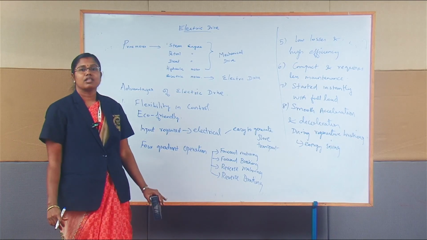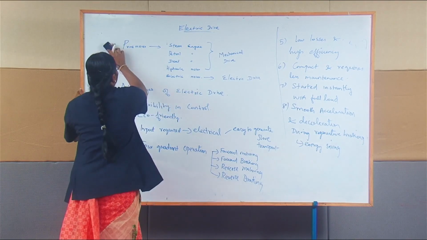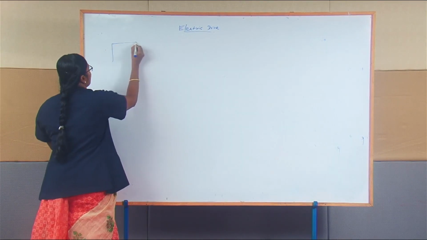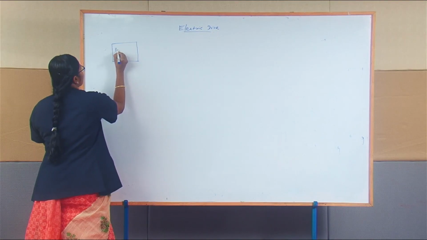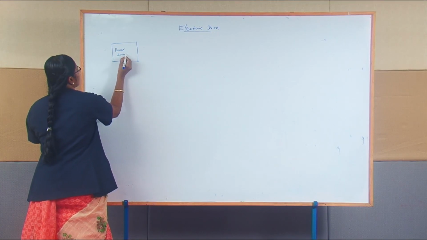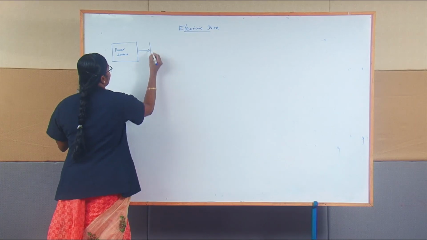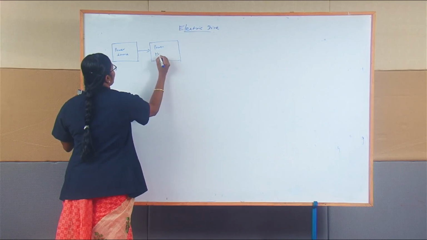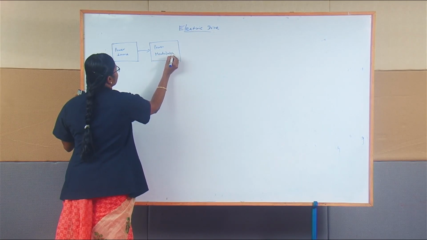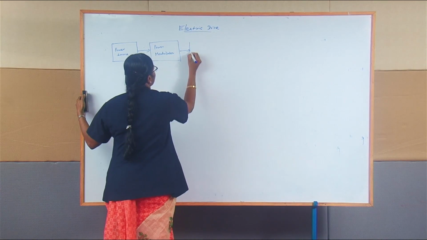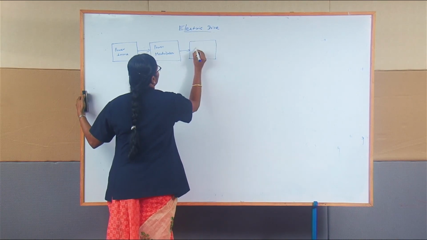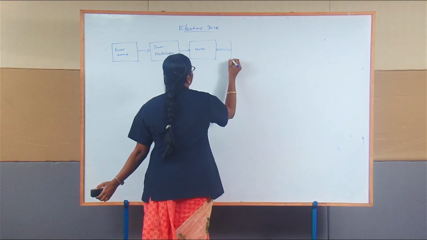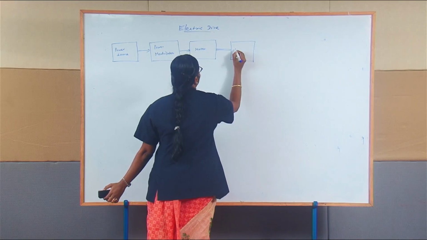Next, we can see the basic block diagram of an electrical drive. The first block of any drive system is the power source. The next block is the power modulator. The power modulator in turn feeds the motor, which supplies the load.